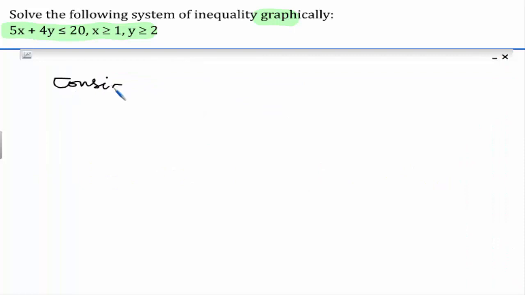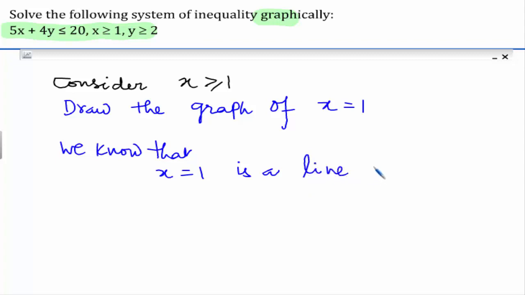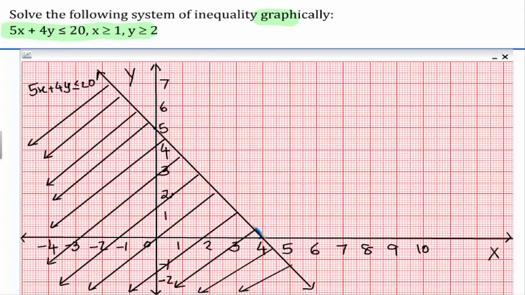Let us consider x greater than or equal to 1. For this we have to draw the graph of x is equal to 1. We know that x is equal to 1 is a line parallel to the y-axis, and it cuts the x-axis at 1 unit.